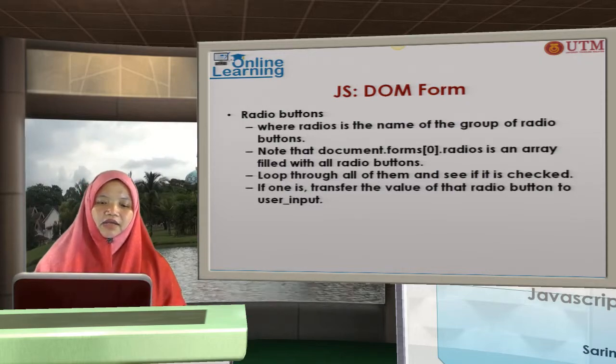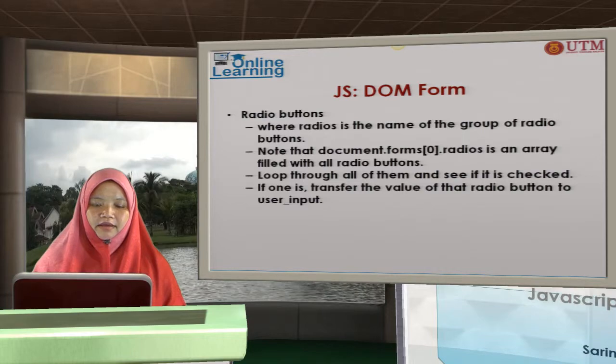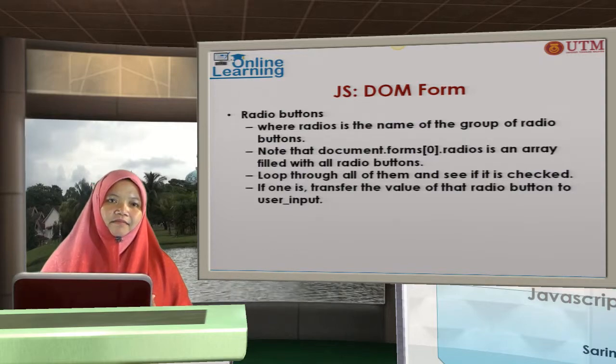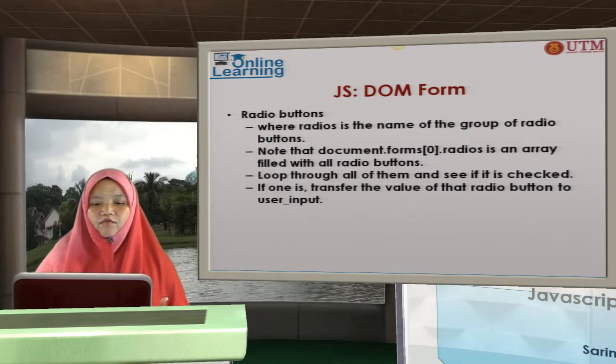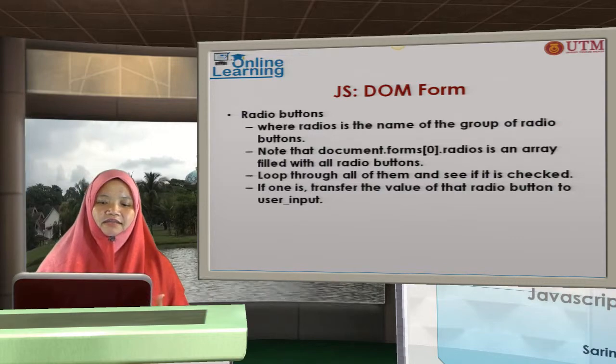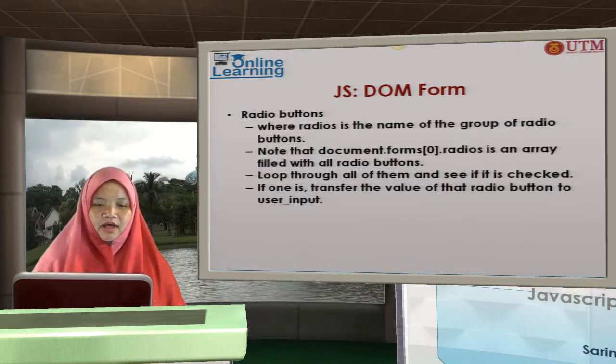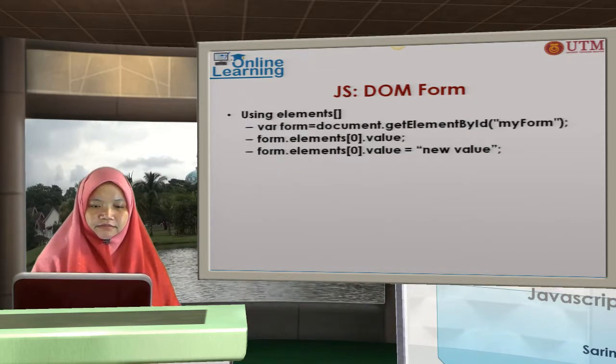Then in your program you loop through all the items and see if one is checked by the user. If one is checked, then transfer the value of the RadioButton to the user input. This is the way you can apply RadioButton.